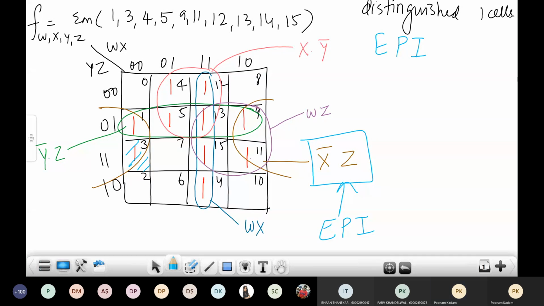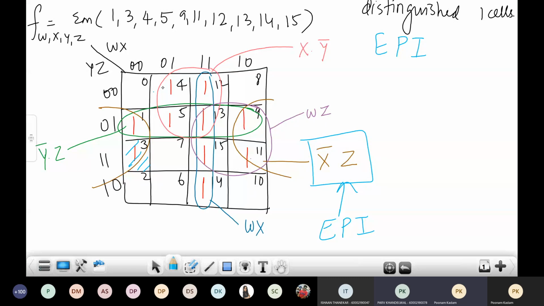If you don't include essential prime implicants, those one cells will not get covered in the function itself. So we will identify all the essential prime implicants like this. First of all, let us identify all the distinguished one cells. Is there any other distinguished one cell?